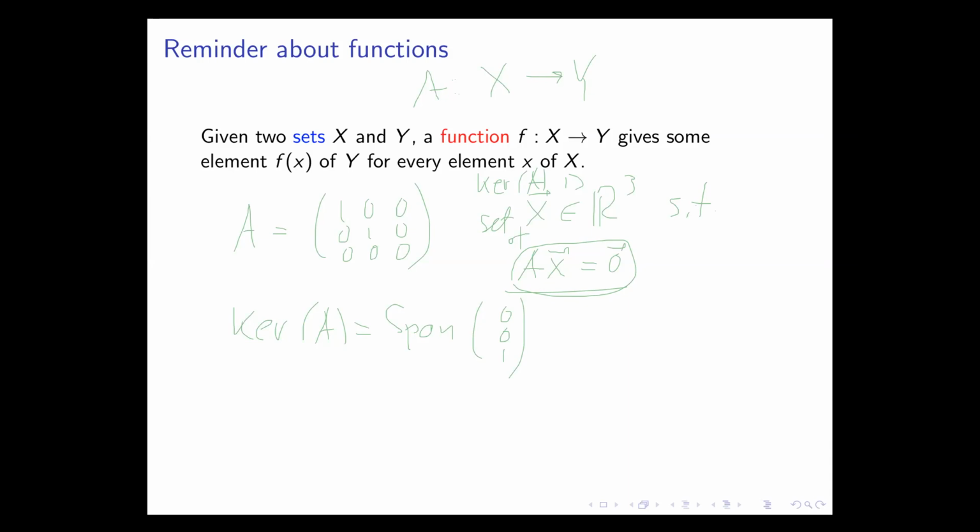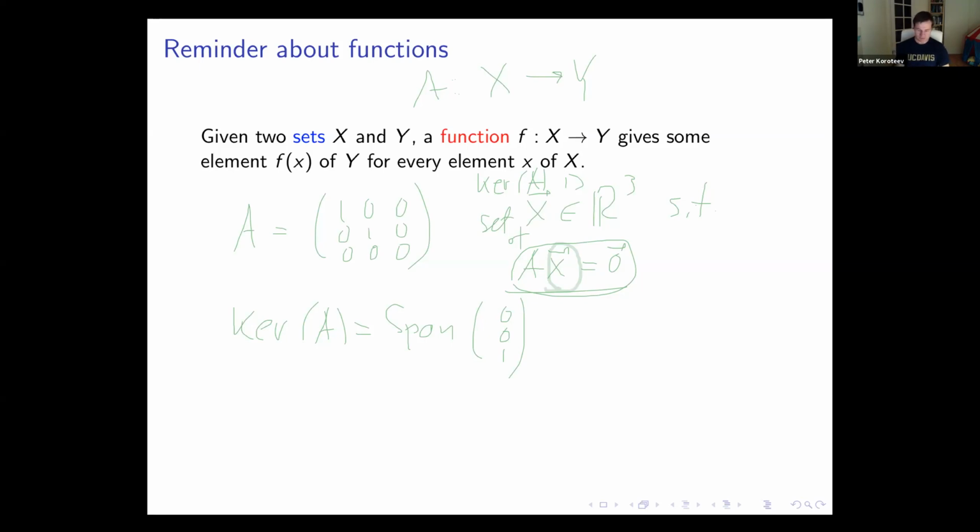Yes, a vector subspace of vectors that satisfy Ax equals 0. Everything is a subset of something, right? The kernel is a subset of X, such that for every element little x from this subset, A times x is equal to 0.